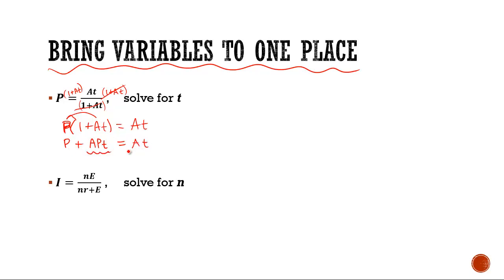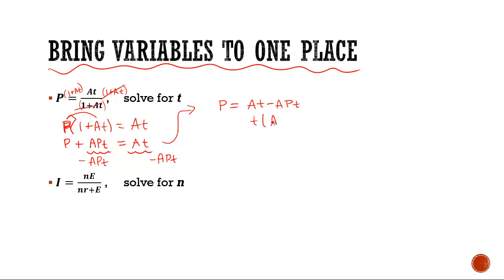So now our t is in these two terms, so we want to bring those two terms together so that we can factor the variable out and then get it by itself. So if we subtract the apt term from both sides, then we get p equals at minus apt.